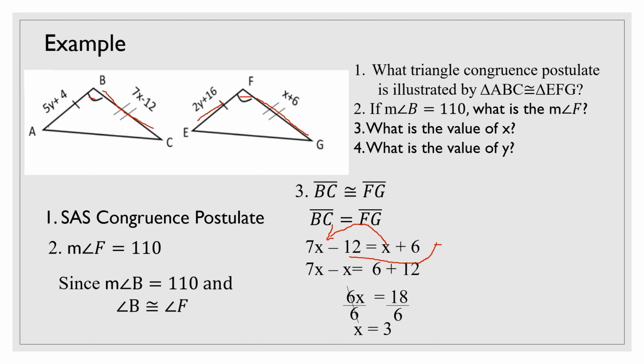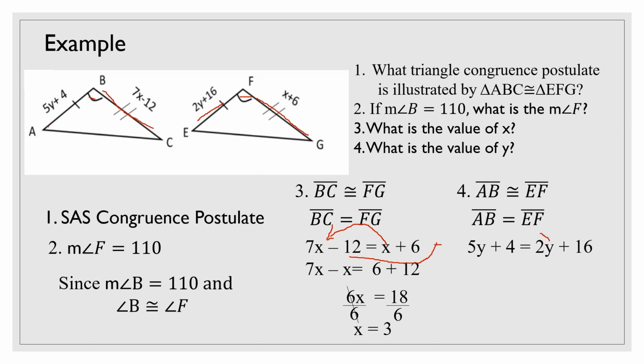Based on the tick marks, we can say that AB is congruent to EF. So therefore, these sides are equal. So we can now have our equation 5y plus 4, which is the value of AB, equals 2y plus 16, which is the value of EF. Then combine similar terms.